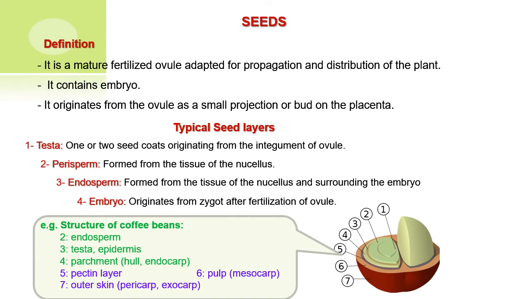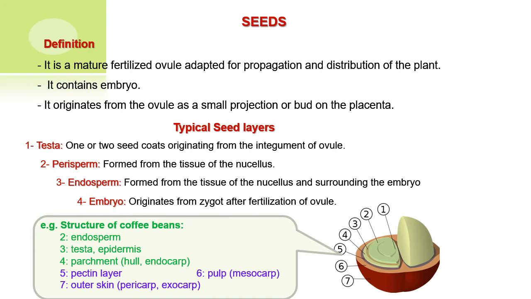There are two cotyledons of a dicot plant, such as the coffee bean. The outer coat or outer layer of the seed is known as the testa or outer seed coat, which is one or two coats originating from the integument of the ovule. We will come to define integument.